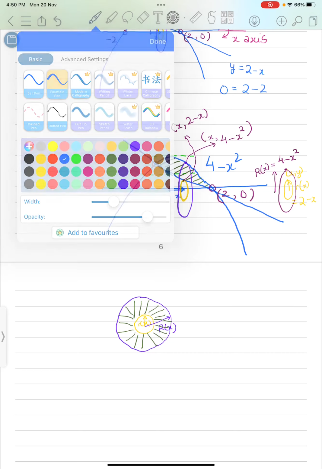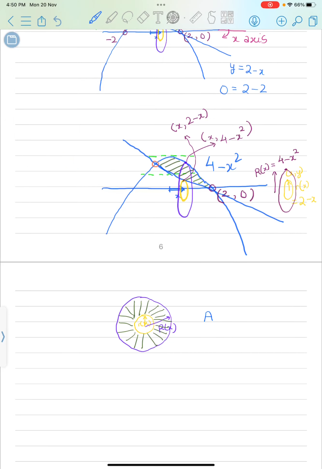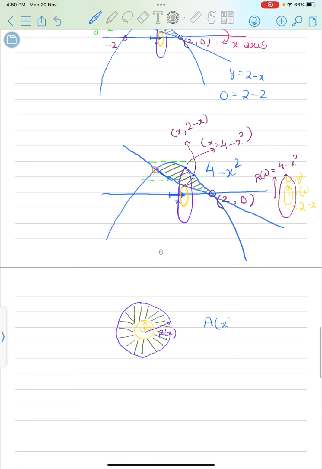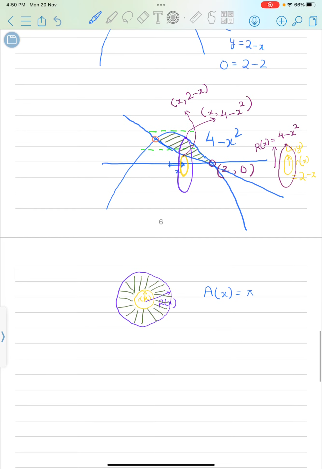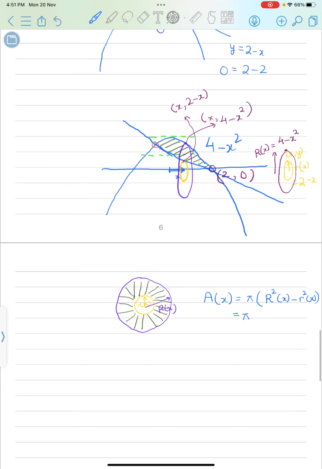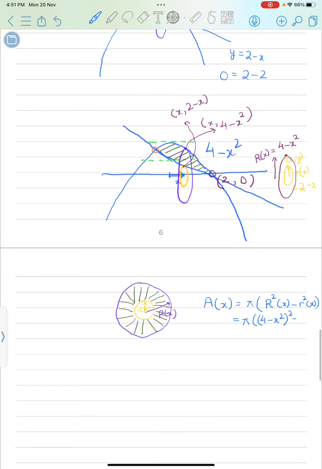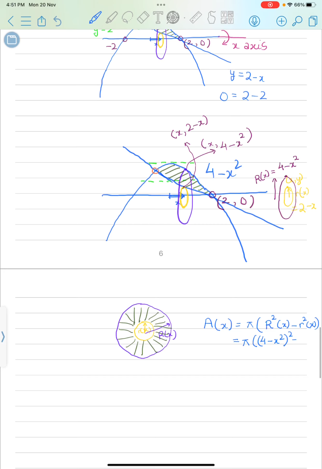So this A of x is equal to pi of what, capital R square x minus small r square x, right? So this will be pi of capital R, 4 minus x square, minus small r, 2 minus x, square, right?